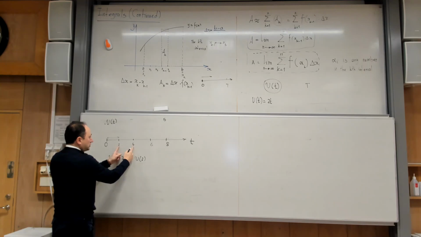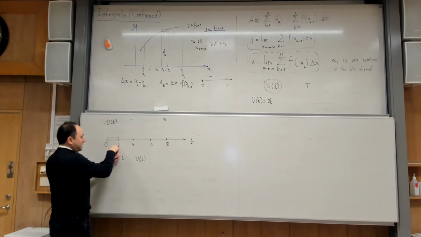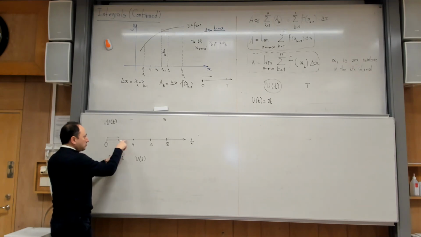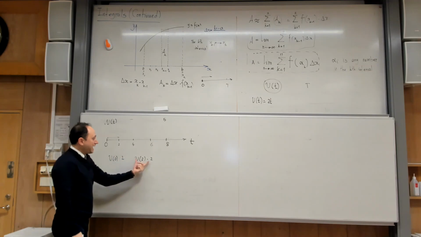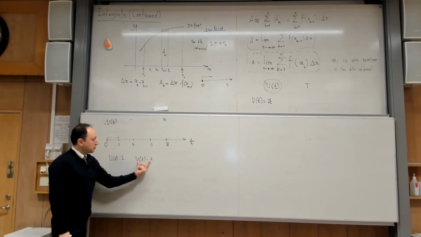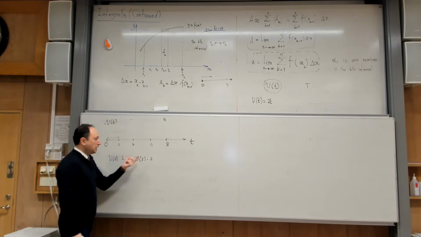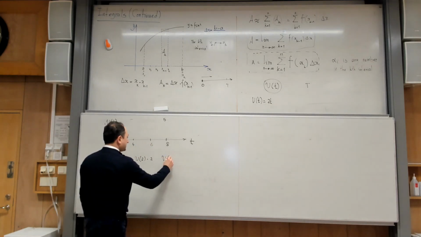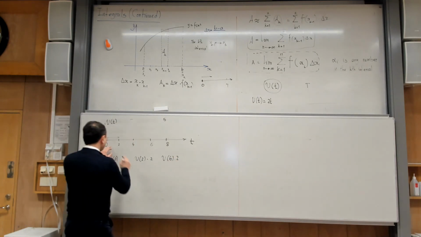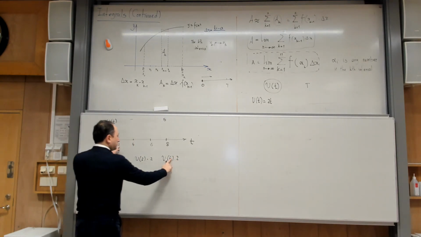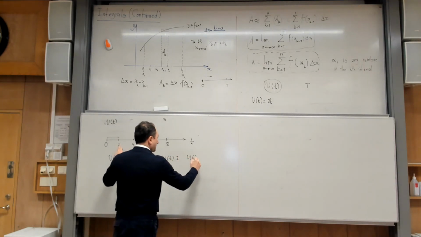And now you go to the next interval. I calculate the speed of my particle at this instant of time, and then I multiply it again by 2 seconds. This gives me the approximate displacement of my particle on the second interval. Not the exact one, yes? And I do the same thing here: v at 6 multiplied by 2, and finally I have v at 4 times 2 and v at 6 times 2.